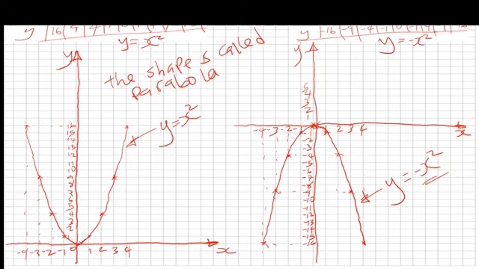It gives you a parabola. How does the coefficient affect it when it is positive? How does the parabola look? When it is negative, how does it look? We have seen that when it is positive, it gives this cup shape, but the inverted cup shape is when the coefficient is negative.